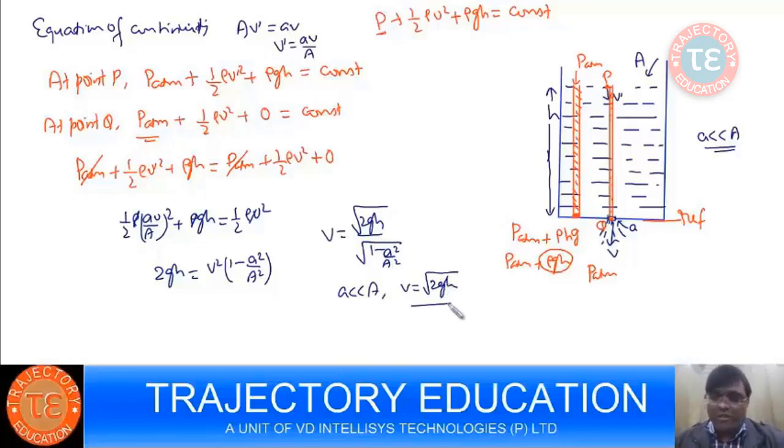V is going to be root 2gH, and this is called velocity of efflux.